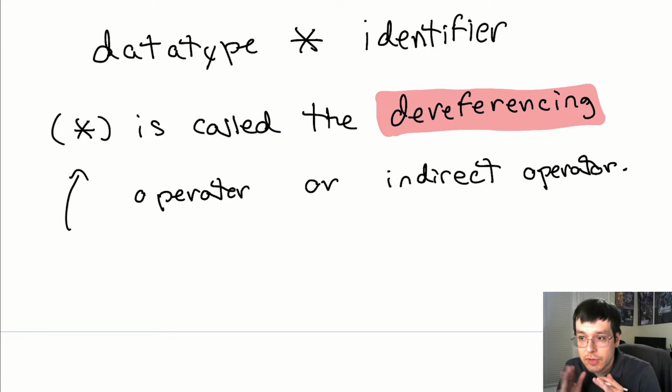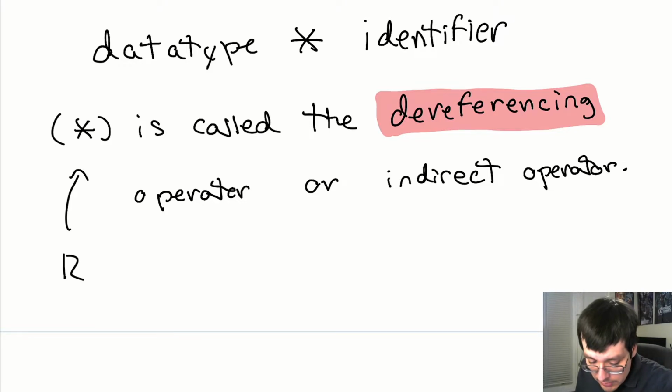Just think of that for now, but also when you're using it other than for creating pointers, you're using it to dereference something, or to access what it's pointing to, okay? So let me just write that first and then we'll go right into the examples.